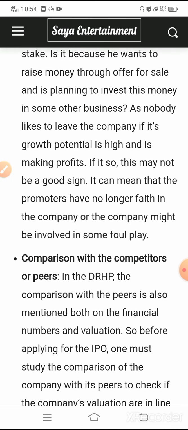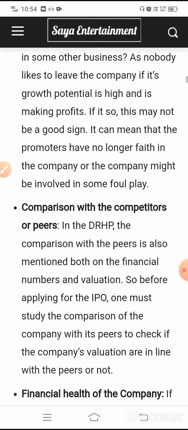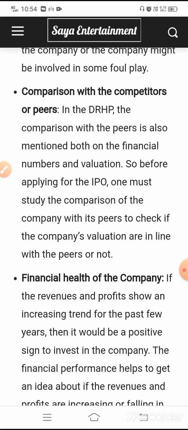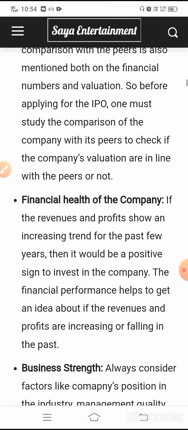Comparison with the competitors or peers. In the DRHP, the comparison with the peers is also mentioned, both on the financial numbers and valuation. So before applying for the IPO, one must study the comparison of the company with its peers to check if the company's valuation is in line with the peers or not. Financial health of the company. If the revenues and profits show an increasing trend for the past few years, then it would be a positive sign to invest in the company.